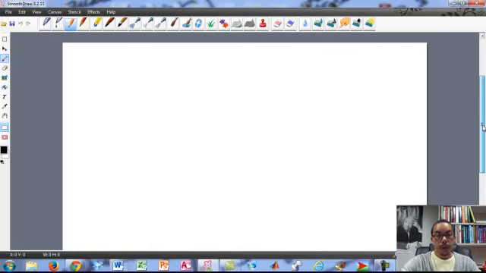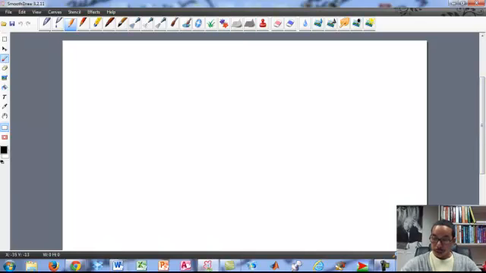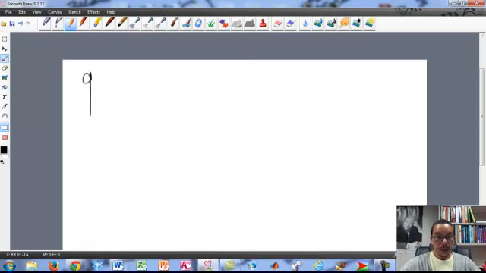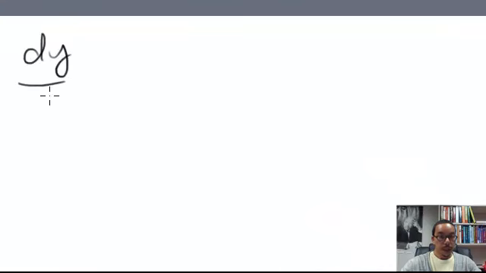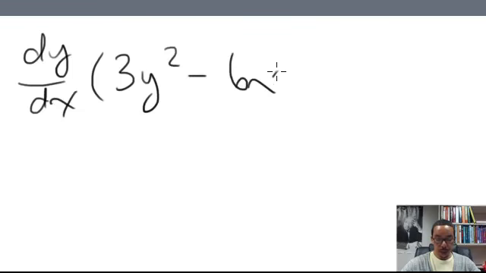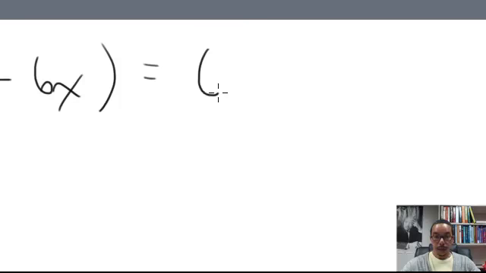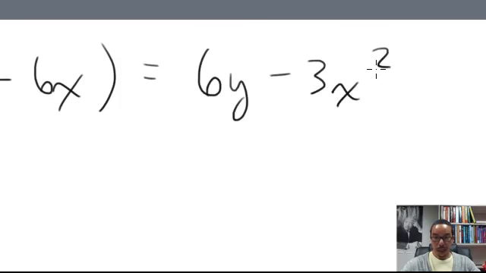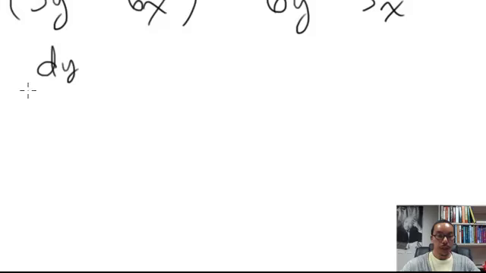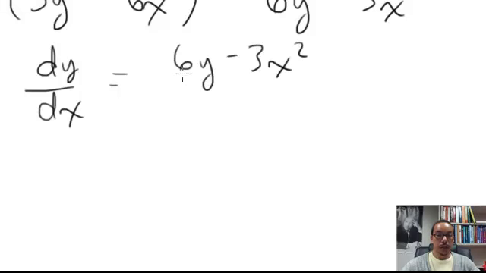Alright, so we had dy dx, and we had factored that dy dx out, so we had 3y squared minus 6x equals 6y minus 3x squared. And then we just solve for dy dx by dividing both sides by 3y squared minus 6x. So 6y minus 3x squared over 3y squared minus 6x.